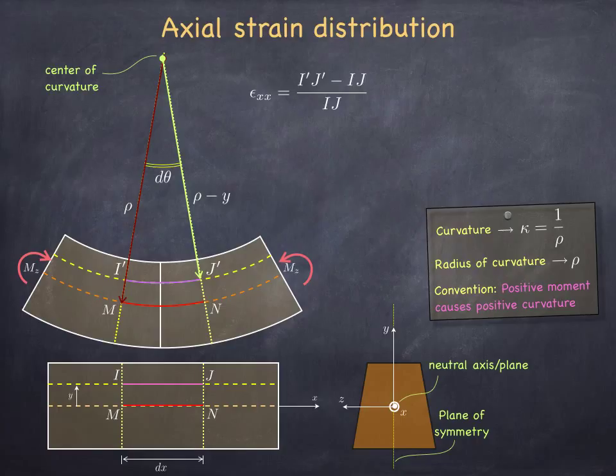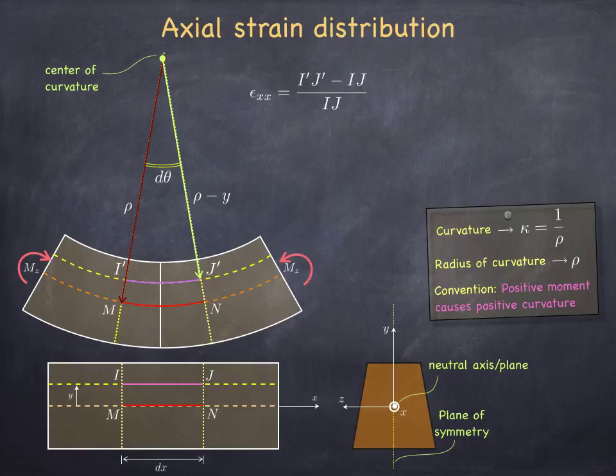So epsilon xx, as I mentioned before, is merely a percentage: the length change over the original length. The length change is the difference between I prime J prime and IJ, and the original length is IJ itself.